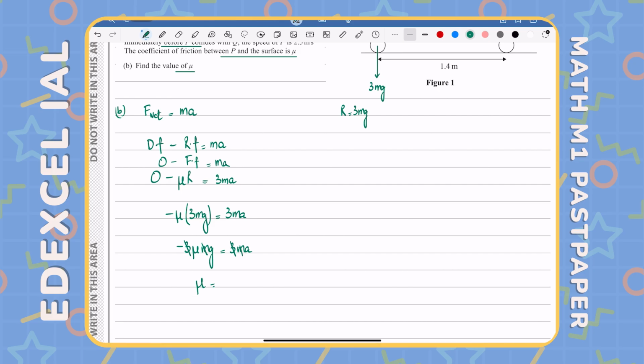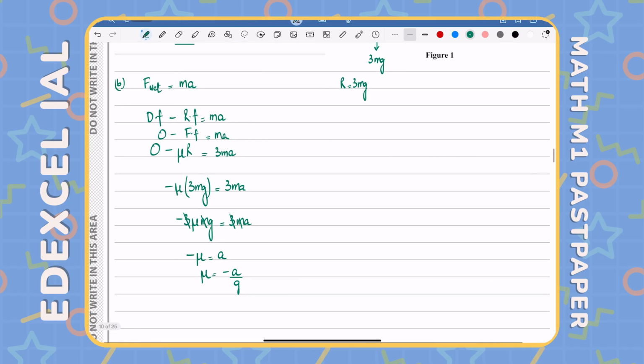That means, let's not skip a step, after cancelling everything we're left with minus mu g is equal to a, so mu is equal to negative a upon g. Yeah, negative a upon g.